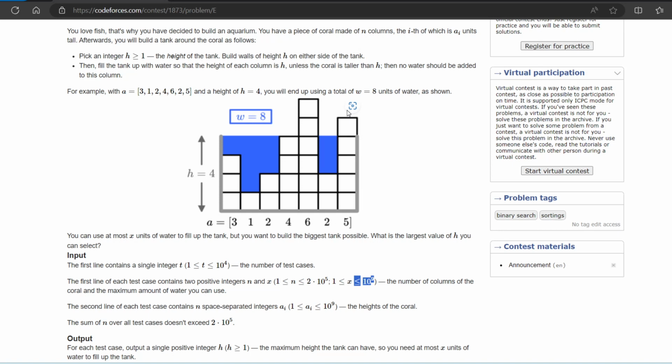Only those tanks where the height of the building is less than h would contain water. In example one, a_0 is 3 units and h is 4 units, so there is only one unit held. In example 2, there would be 3 units held and 3, 2 held. So this was the basic approach.